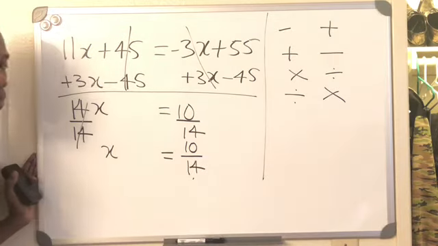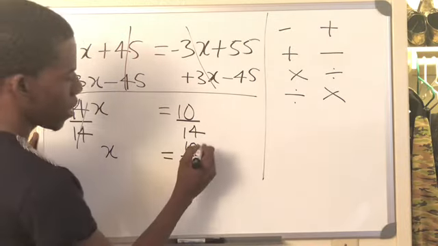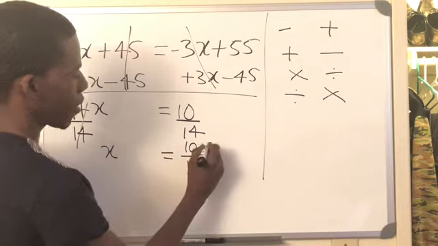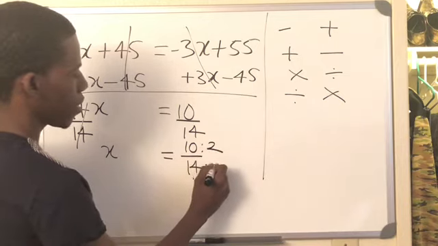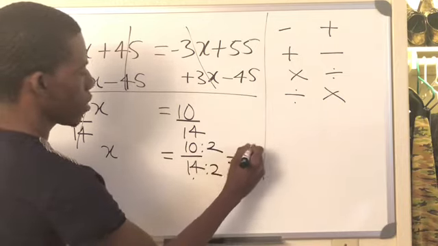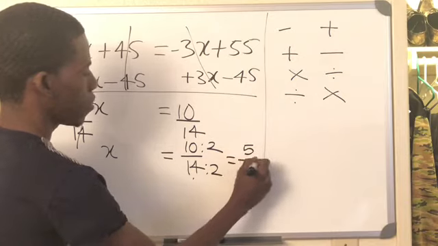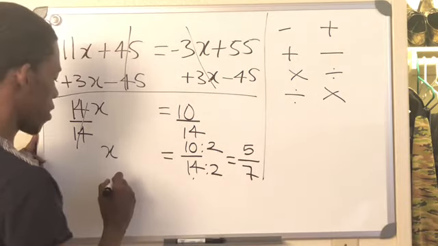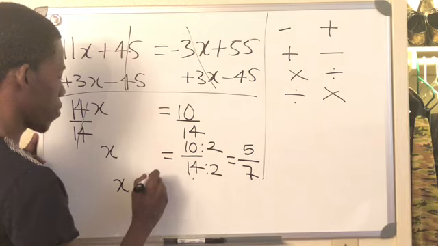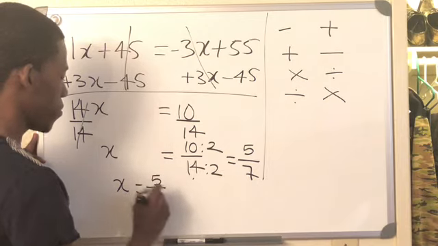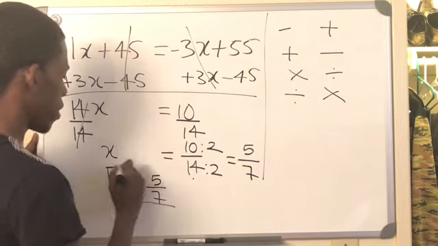And that's good. If I want to simplify, I can divide this by 2 and this by 2, and I would have 5 over 7. So x equal to 5 over 7 is my x value.